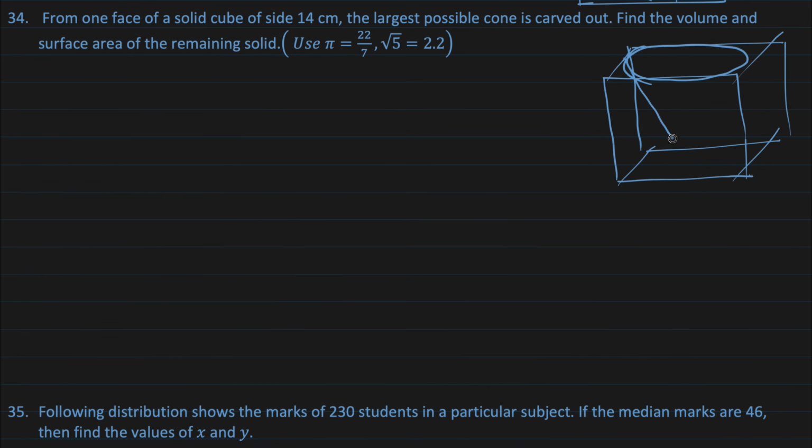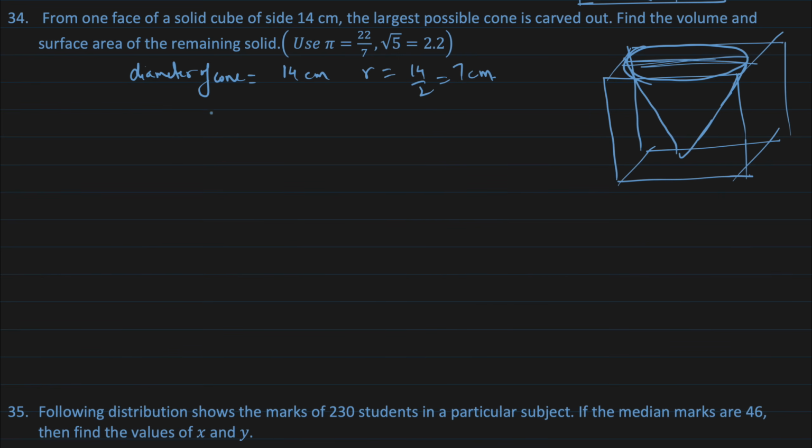So we have taken out a cone out of it, right? So what is the diameter of the cone then? Diameter of cone is 14 centimeter because of the whole side, right? So R will be 14 by 2, 7 centimeter, right?